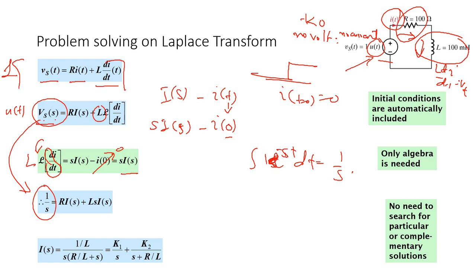Similarly R I and L s I. Now what we need is to separate this I. So when we separated I, we got the equation 1 over L s into R by L plus s. So this is a partial fraction type question, in which we have one s and one s with some value added.